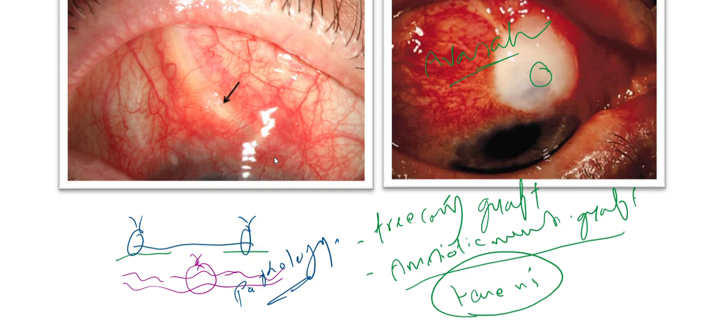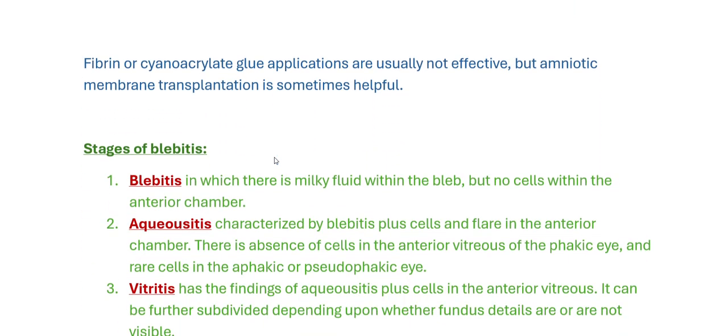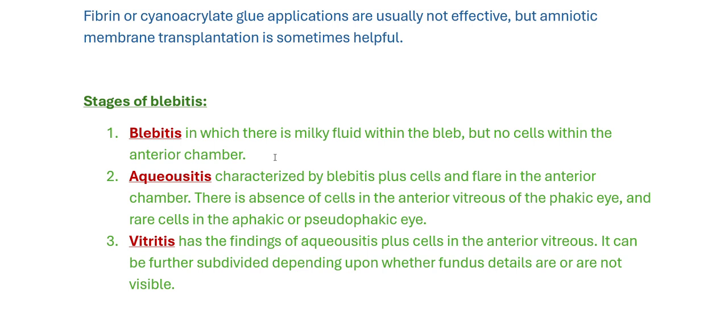So this has to be considered as well. The conjunctival glue or the tissue glue is not effective. So don't try closing it with a conjunctival glue, applying PCL or something like that. This is not a permanent solution. So you need a graft, free conjunctival autograft or amniotic membrane graft.